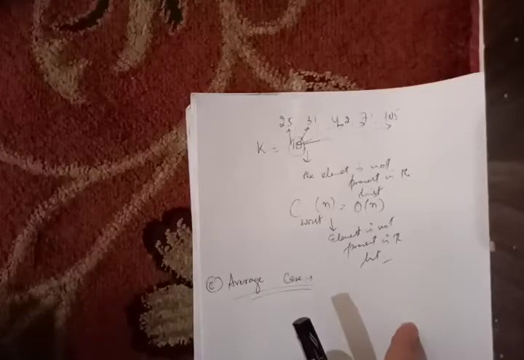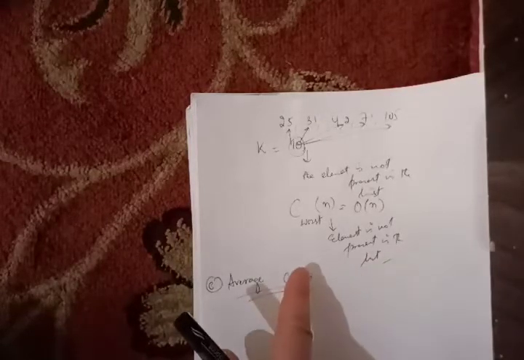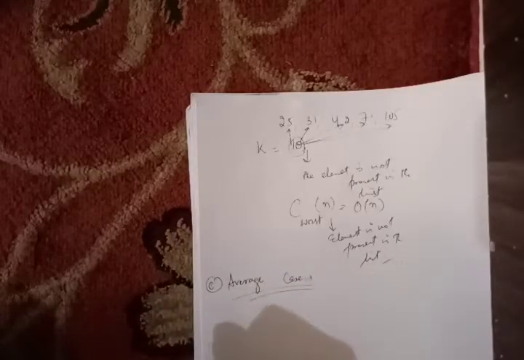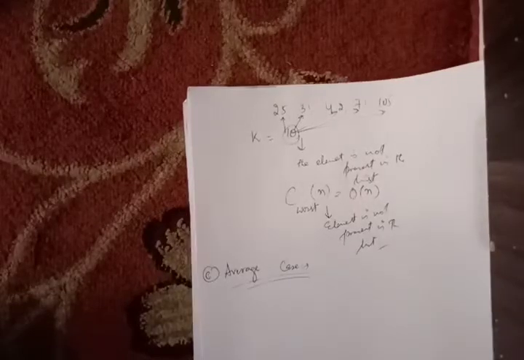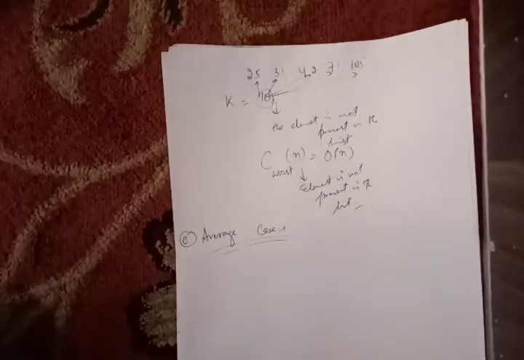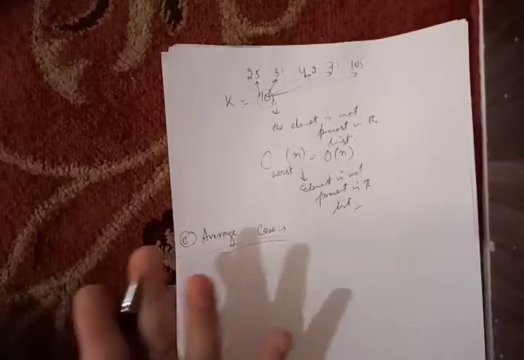The element is not present at the end, because that would be the worst case, but the element is somewhere in between the list. But in the average case there is a probability that the element is present, or maybe the element is not present in the list. So what we have to do? We will consider that the element is found somewhere in the middle of the list.